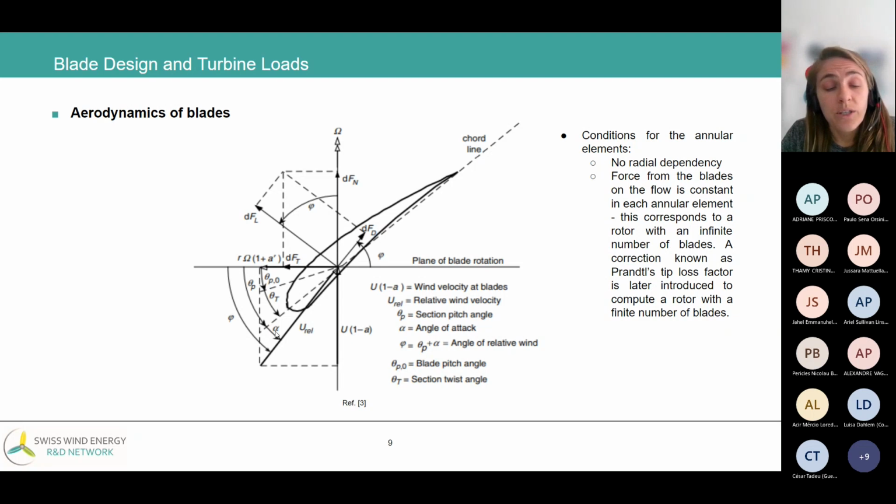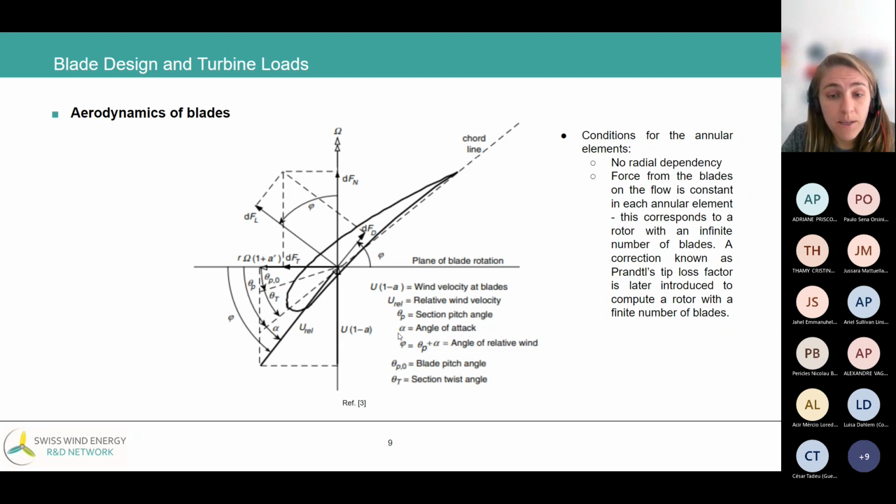The simplest one is the angle of attack between the relative wind speed and the chord of our airfoil at that specific radial station. Also, the angle of relative wind, which is the angle of attack of that radial station plus the pitch angle of the turbine.